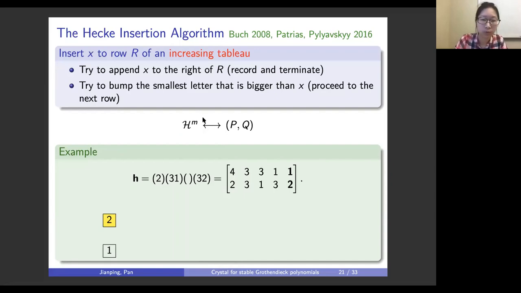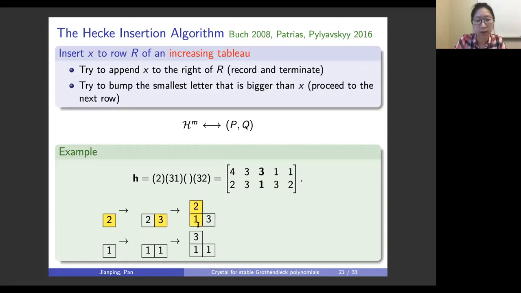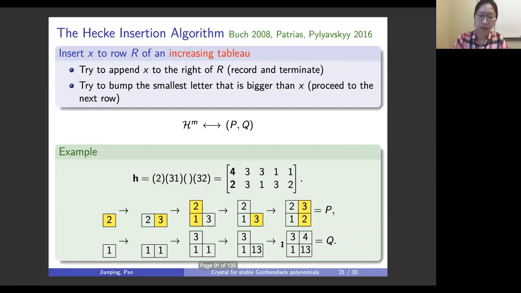When you do the Hecke insertion, you insert 2, then put a 3 there, and the 1 will bump the 2 up, and then you insert a 3. In this case, 3 is already there, so it's absorbed, and the 3 gets a set value in the Q tableau. Anyways, in the end, you get an increasing tableau and a set-valued tableau. That's semi-standard.